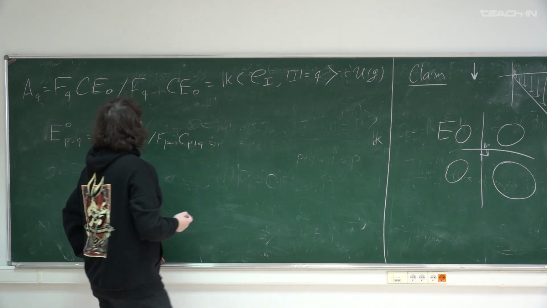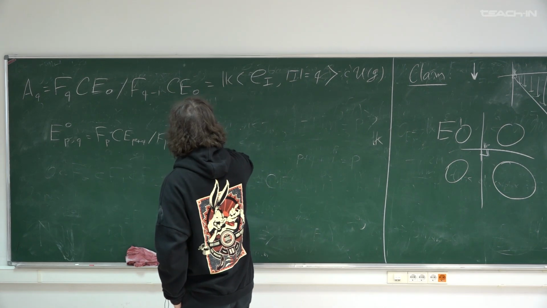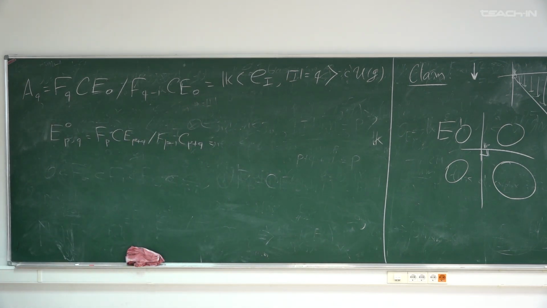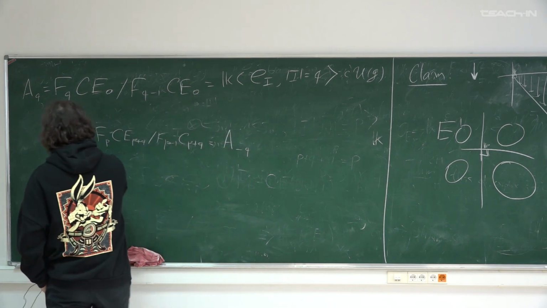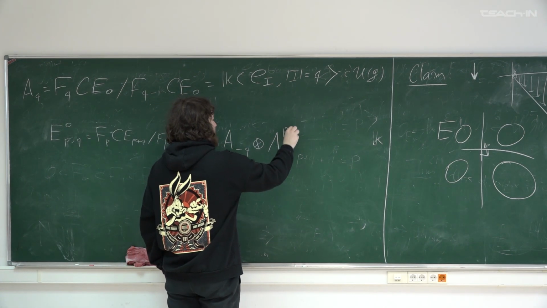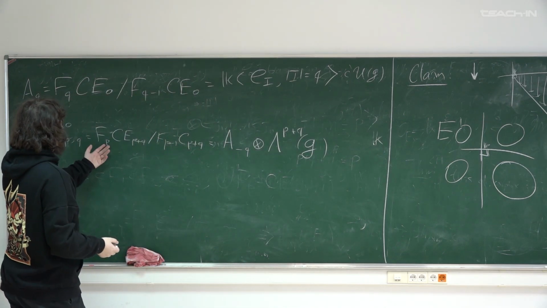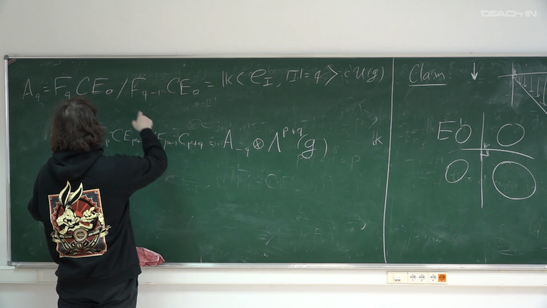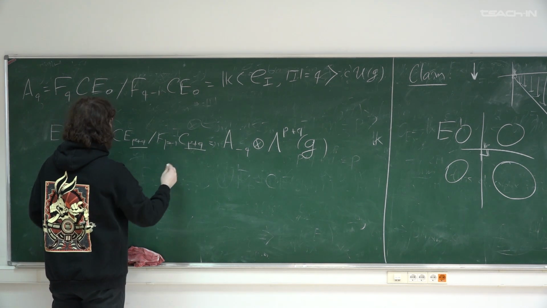So in fact, yes, we have this thing A_{-q}. Q must be non-positive. Then there is lambda^{p+q} of G. This is by definition. I have quotients only by the length of the word of my CE, not the length of the word of the exterior part, which is the same thing.